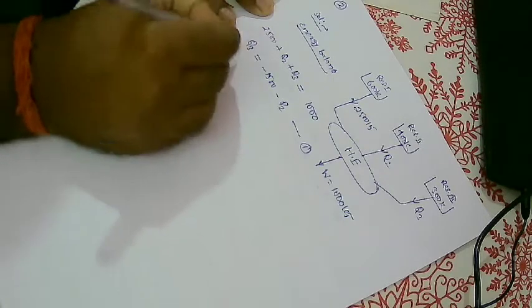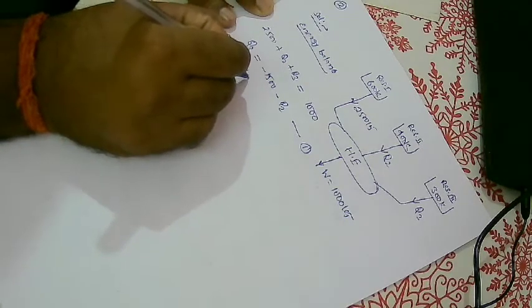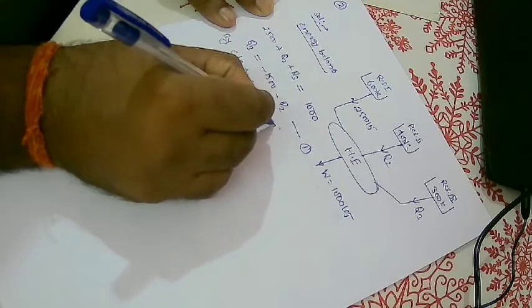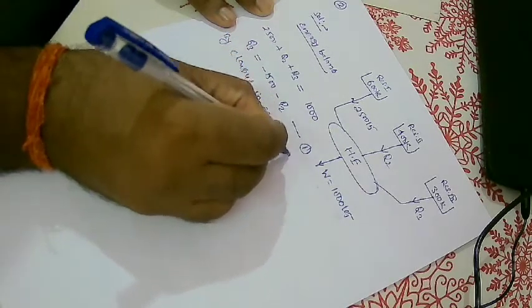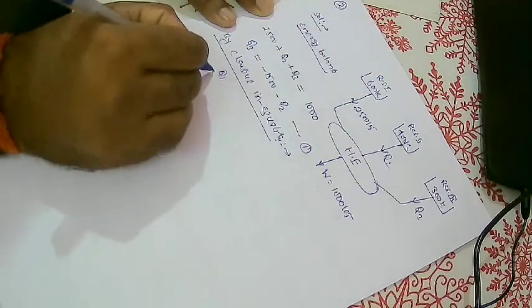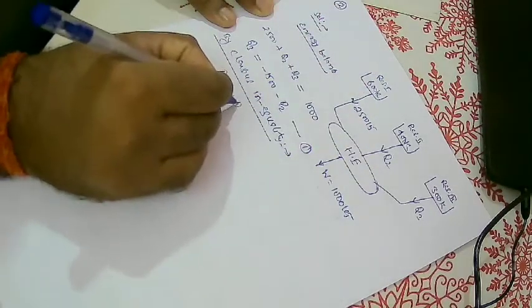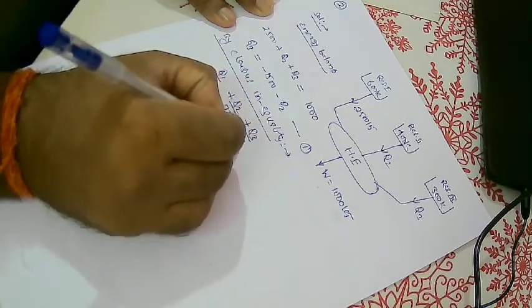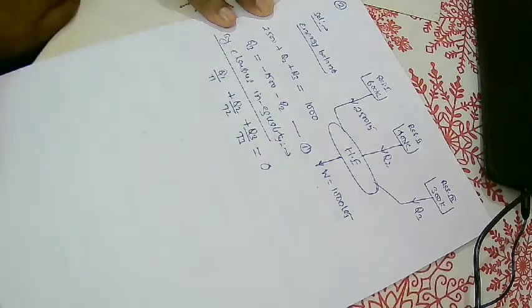Clear? Now the Clausius inequality. Now you apply this. So I can say Q1 by T1 plus Q2 by T2 plus Q3 by T3 is equal to 0.